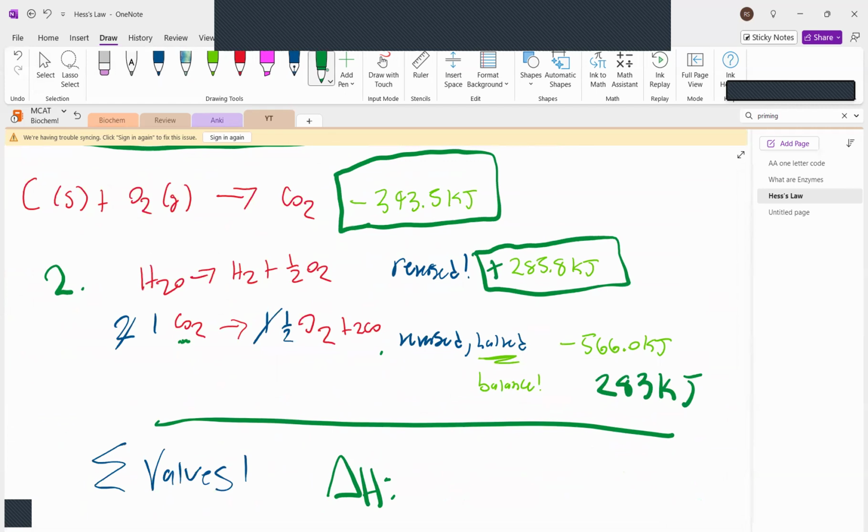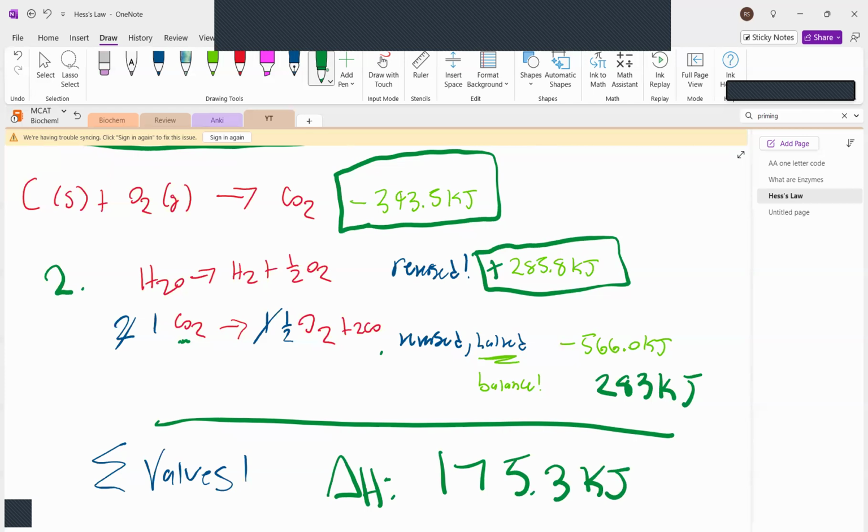And then your total delta H for that equation, you add everything up. So 283 plus 285.8 and then minus 393.5. So it's 175.3 kilojoules.